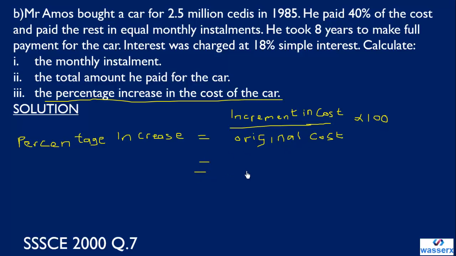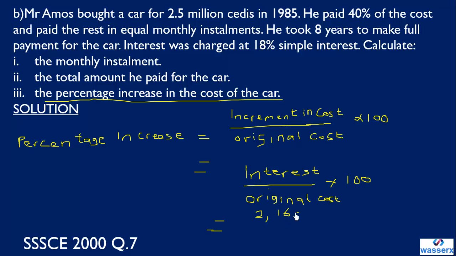Now the increment in cost will be the interest over the original cost. So we know that Mr. Amos paid a total interest of 2,160,000, and we divide this by the original cost, which is 2.5 million, times 100, and this will give us 86.4%.